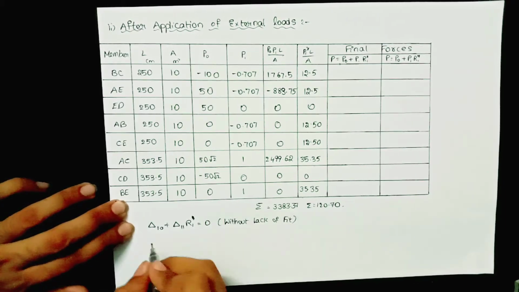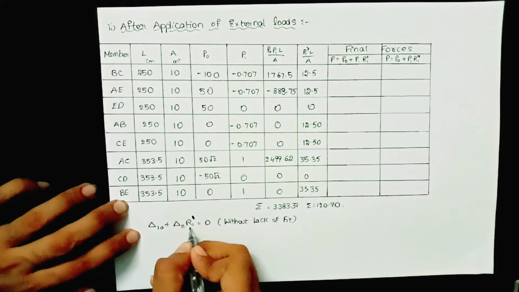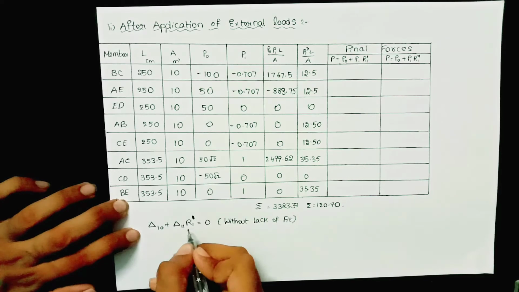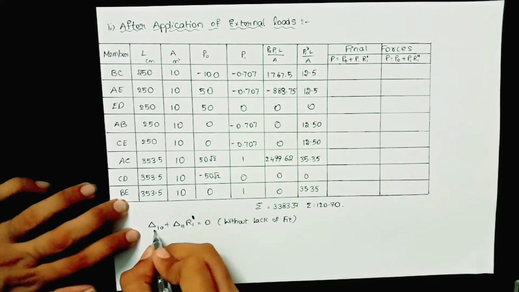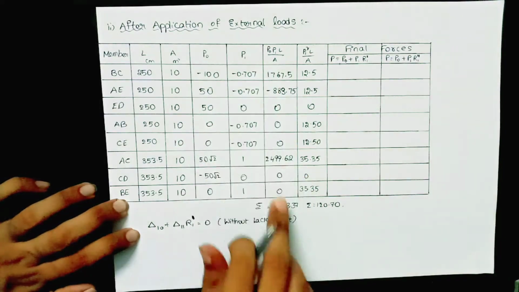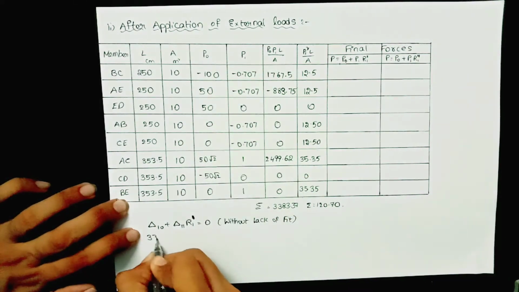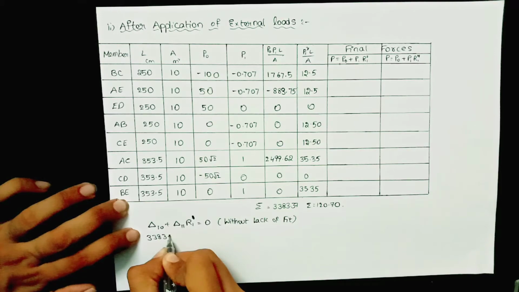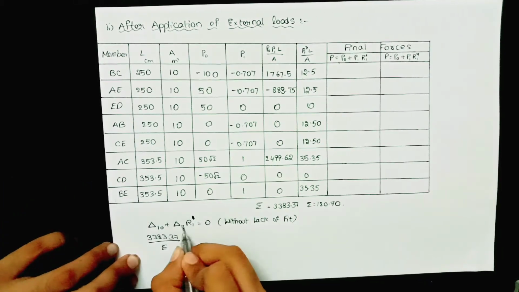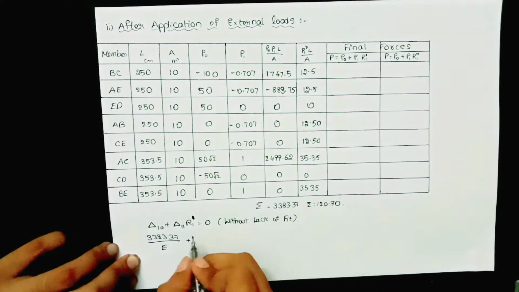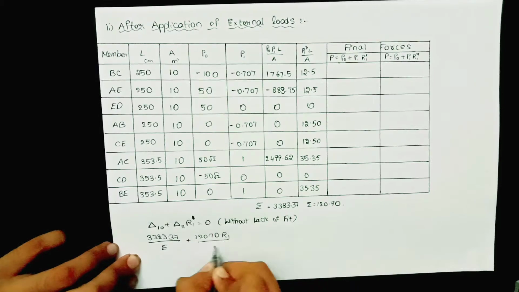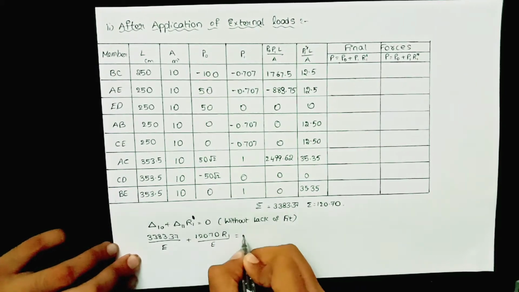So without considering lack of fit, now I am going to find out the value of r redundant. So this value I am taking as r1 dash. Okay, now delta 10, that means PL by AE, so this value 3383.37 divided by E plus delta 11, that means this value 120.70 into r1 by E equal to 0.